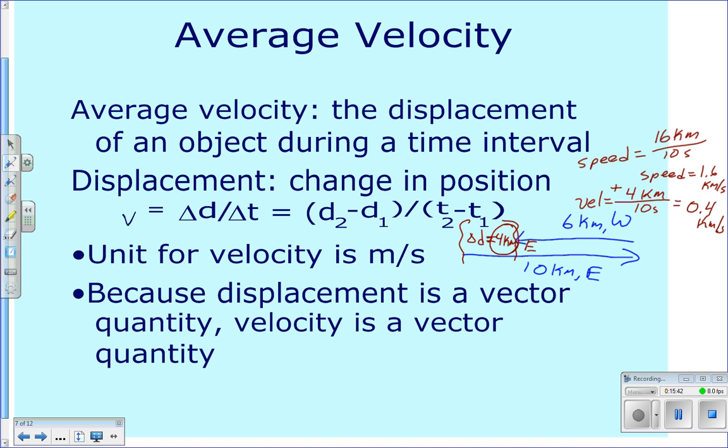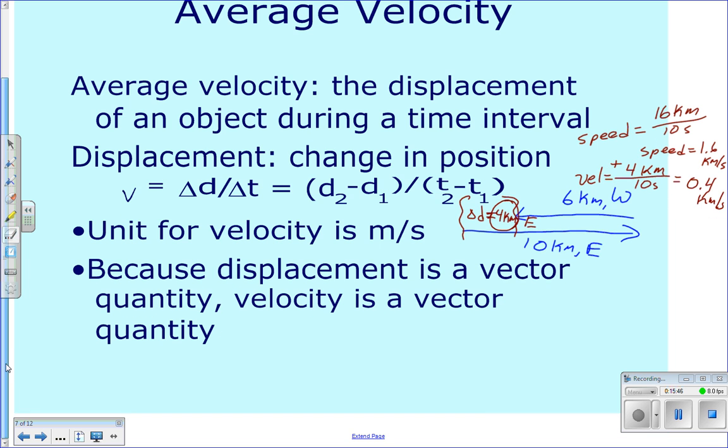Okay? So, the difference between speed and velocity. If you run one complete circle around a track, that's 400 meters divided by however many seconds it takes you to run around the track. You know, 40-some seconds if you're really good.